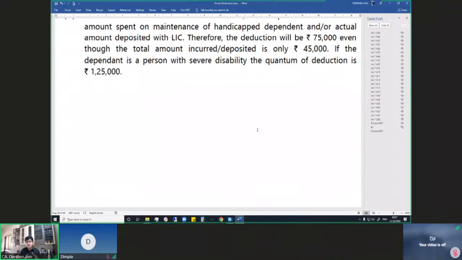What you do is, when you read it, just try and apply some logic so that you remember it. 80G is one such section, which comes every now and then in a big problem by way of an adjustment. Calculating that adjusted gross total income would require a bit of a focus. You'll have to calculate adjusted gross total income only if deduction is in respect of item 3 and 4 that we have covered.